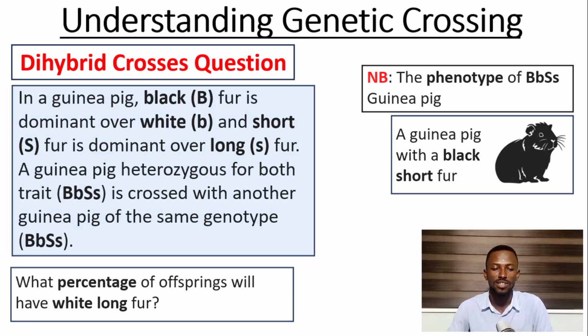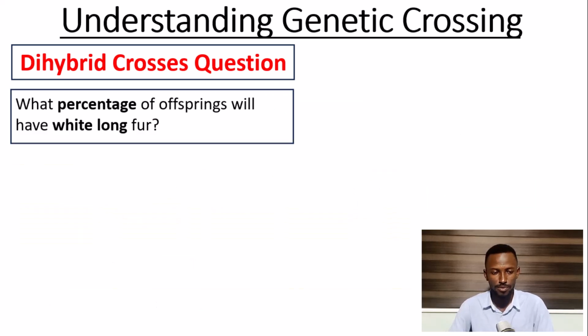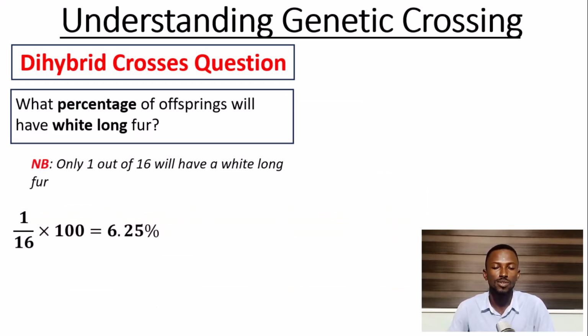Before I answer this question, let's look back to our previous slide. Remember this phenotypic ratio, 9:3:3:1. If you look at the screen, you can see that only 1 has white long fur. And we have to find the percentage of them that have white long fur. So you should take note that only 1 out of 16 will have white long fur.